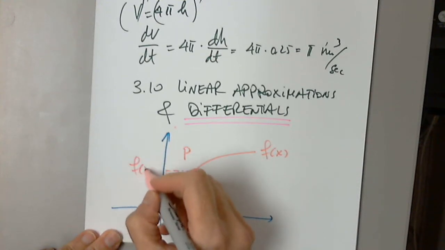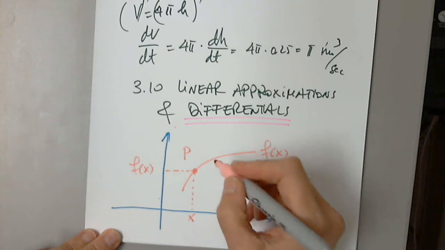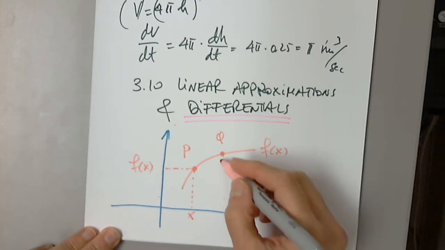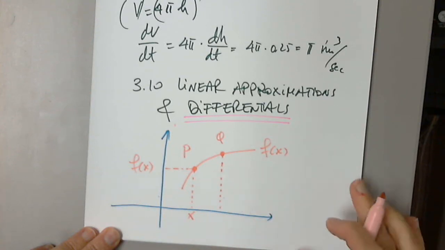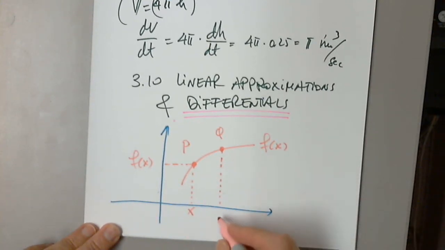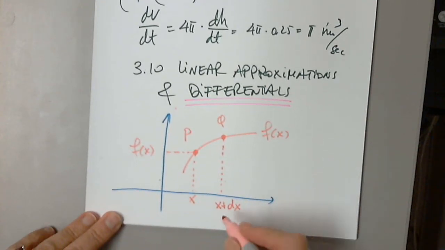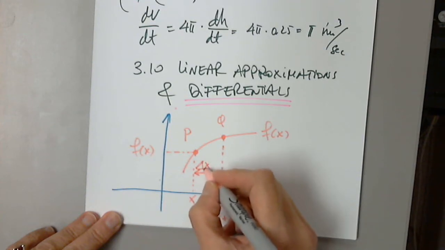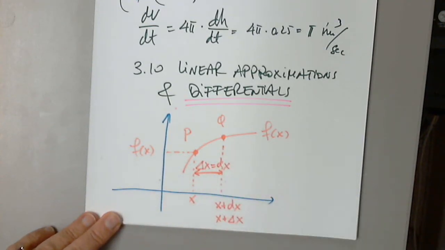Of course, here's Q, very, very close, as close as possible to P. It's not x plus h, but this time we're going to denote it by dx or delta x, and they are the same. Delta x equals dx.